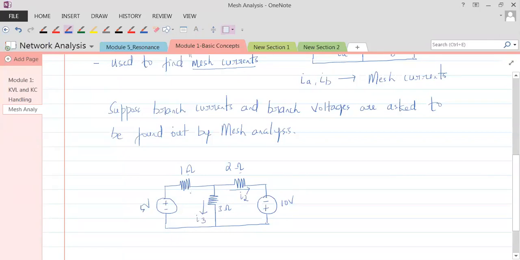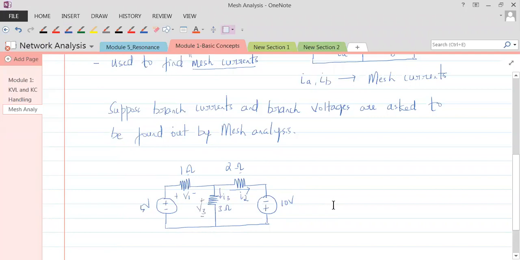Now let's say we have a voltage V1 like this, fine, and a voltage V3 which is there in this. Let me just write it in a different way. Okay, here is your I3 flowing, this is I3, and they have this V3 here.